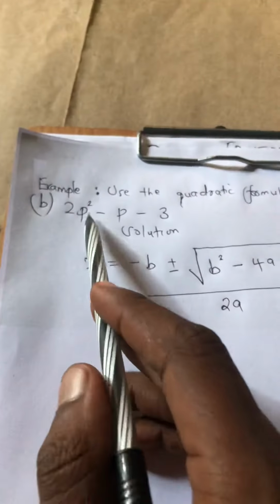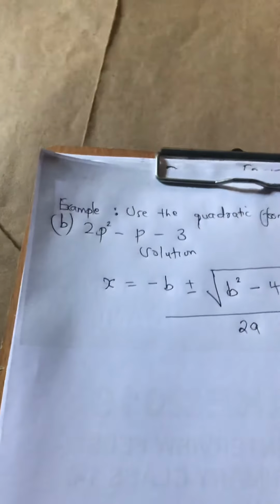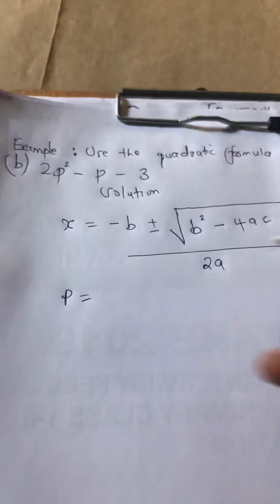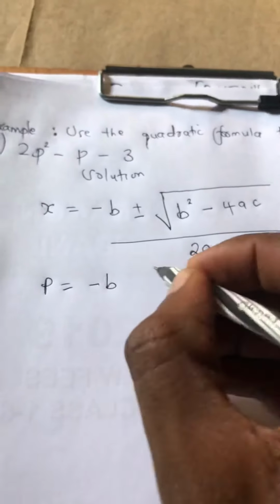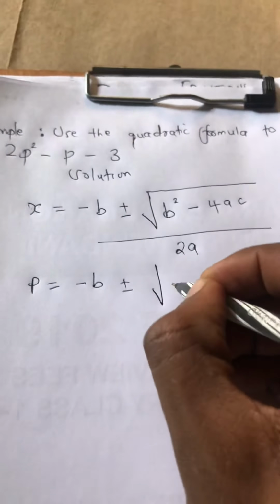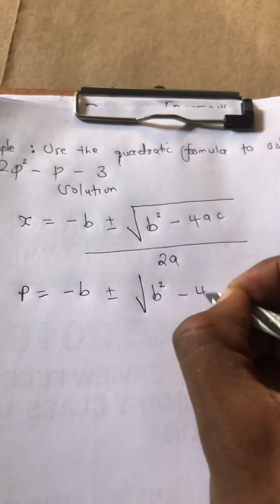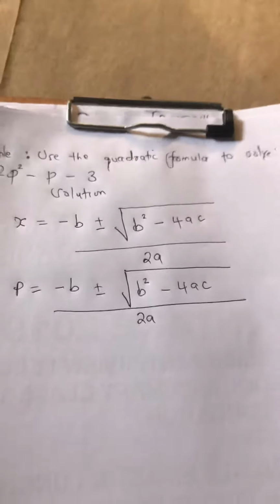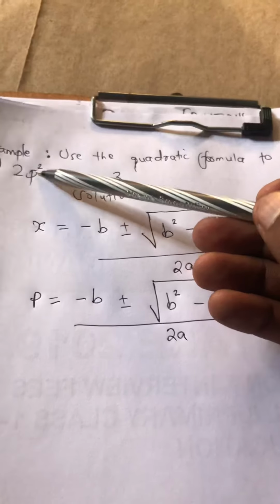But in our case hakuna x, so we'll be basically looking for p. So ours will be p, which is equals to minus b plus or minus square root of b square minus 4ac divided by 2a. Remember, not all the time we will be looking for x.